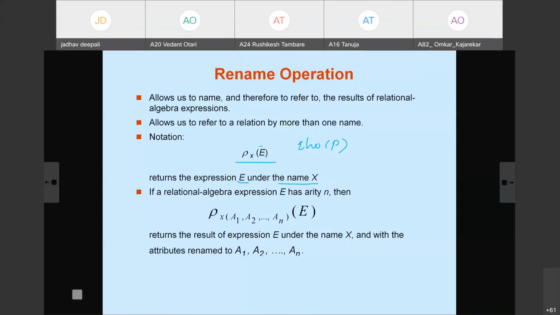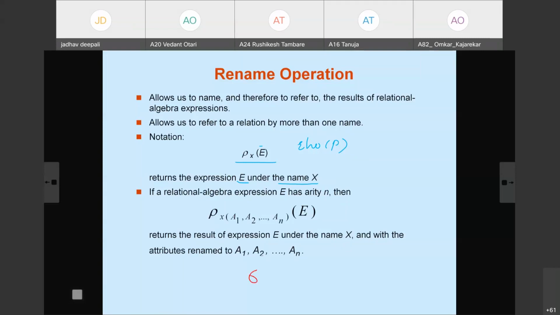How do we write the query? It is a simple query. First we need to write the expression. We want the physics department instructors, so the query is like this.